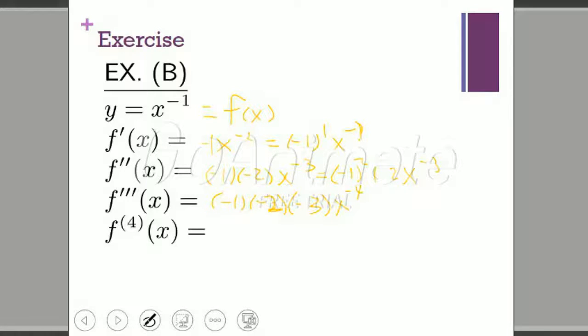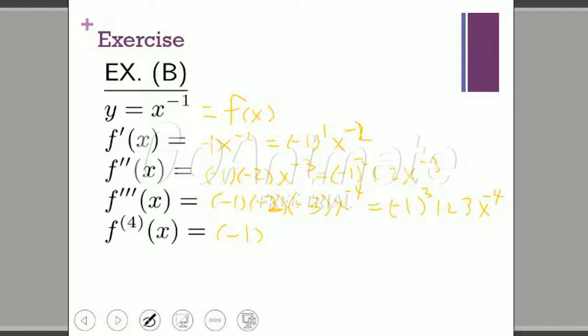And here, there's minus 1 to the power of 3, 1 times 2 times 3, x to the power minus 4. So you see a pattern.